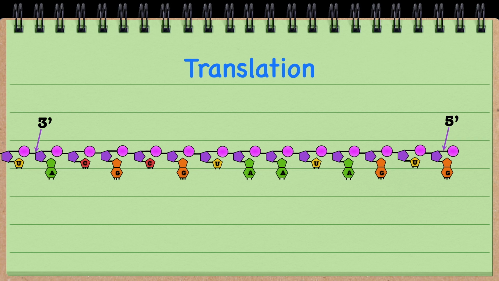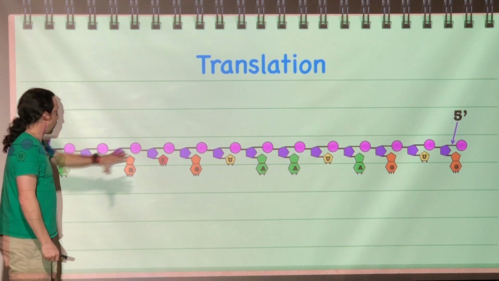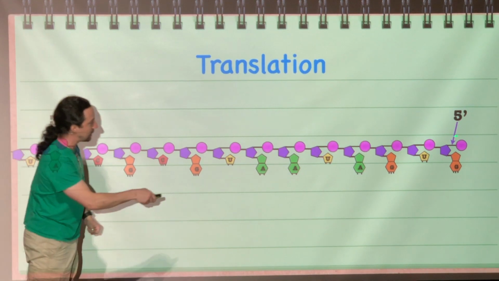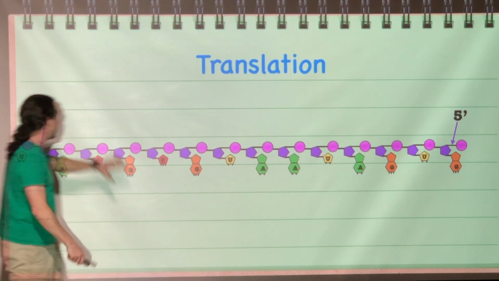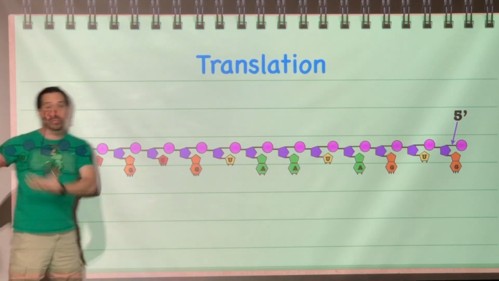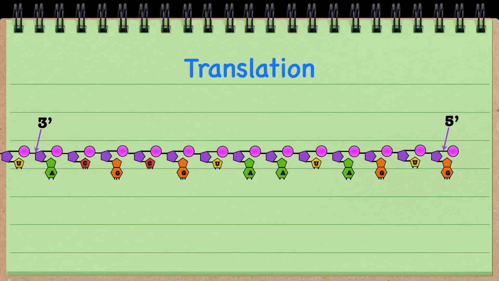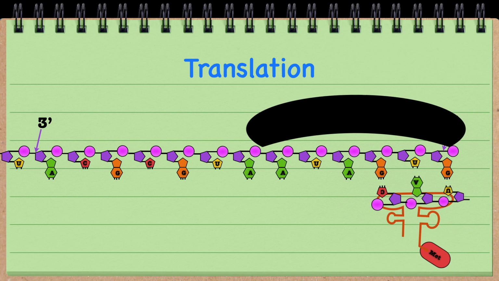So let's look at how this process actually takes place. First off, here is our mRNA strand, and you can see that this end over here is the 5' end, and over here off the screen would be the 3' end. So we start off with the small ribosomal subunit interacting with our mRNA along with a tRNA.